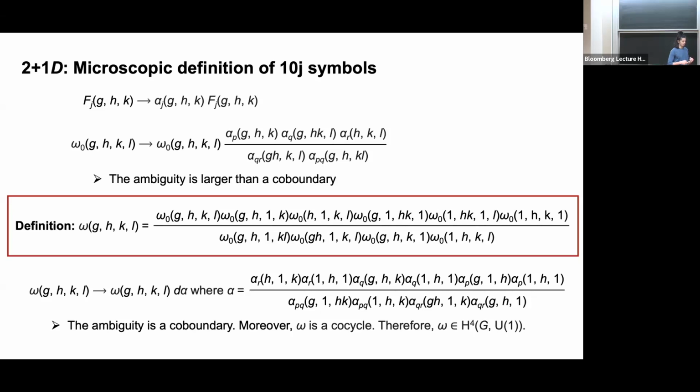Basically, there's an additional subtlety, which is that in higher dimensions, the domain walls can be decorated by some invertible topological order. And so to capture this trivialization, the ambiguity should be larger than just the ambiguity obtained from these phase redefinitions.